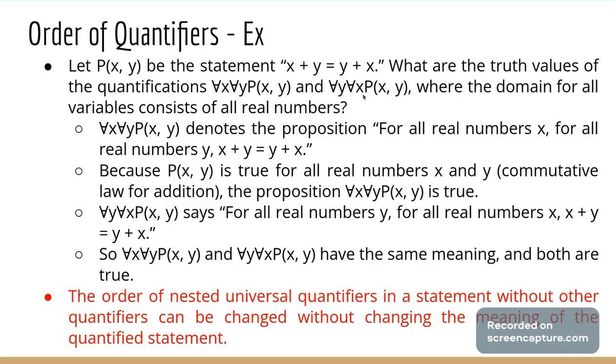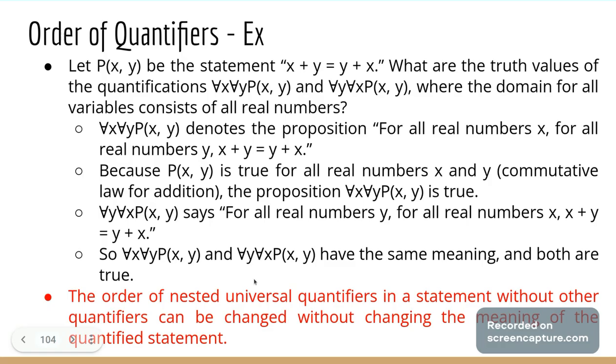So this means the same. What does it say about the order of quantification? If we have two or more nested universal quantifiers, and there is no other quantifier other than universal quantifiers in my nested quantifiers, then changing the order will not have any change in meaning.